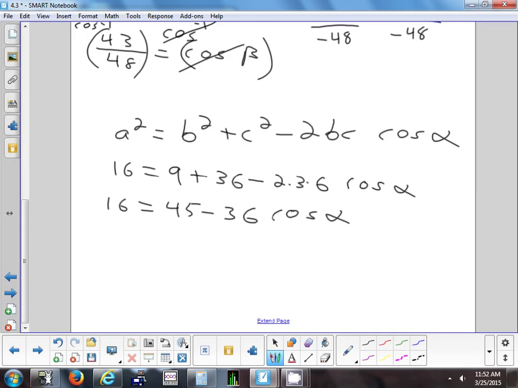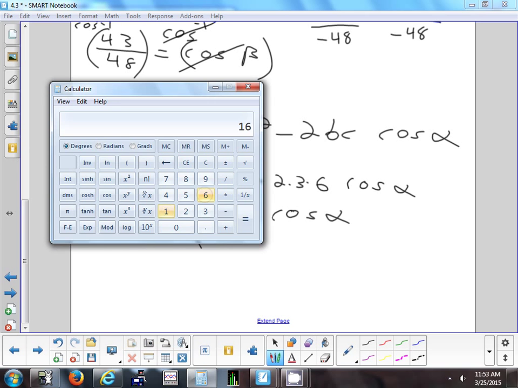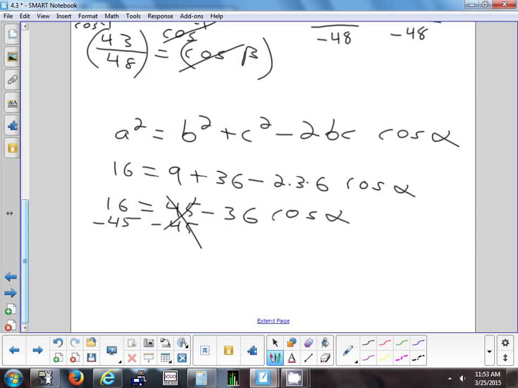Subtract. Yep, subtract. What could you subtract? You know what you're doing. Right? Subtract 45 from both sides. Okay. Now we've got 16 minus 45. We've got 2 steps left.